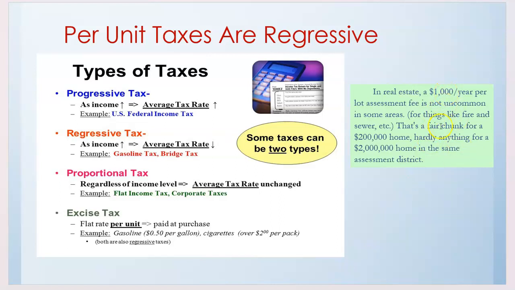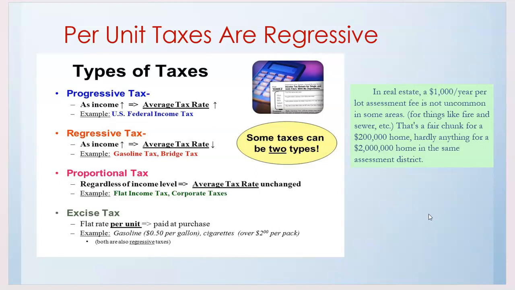Clearly, $1,000 is a much smaller percentage for the $2 million home's family than for the $200,000 home. Because if you're choosing to live in a $200,000 home, most likely your income limits you to that value of house. So your income is lower and the value of your house is lower, but you are responsible for the same $1,000. It is not in any way tied to the value of the house or the income of the people who live in that house.